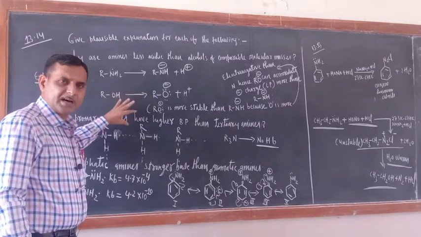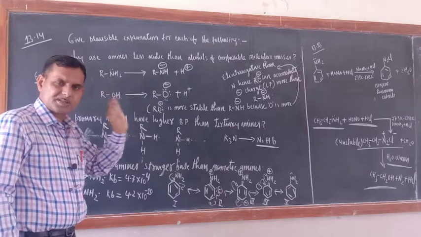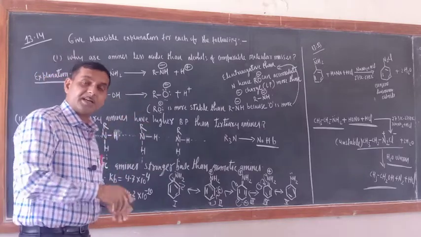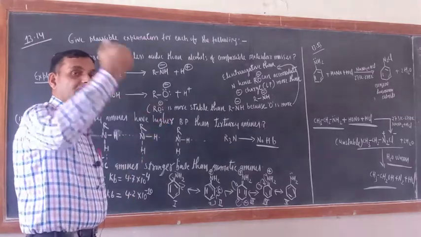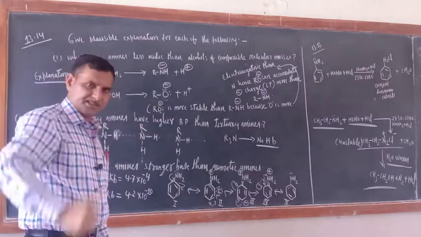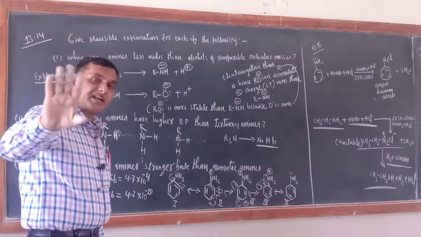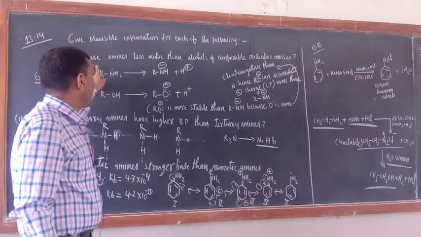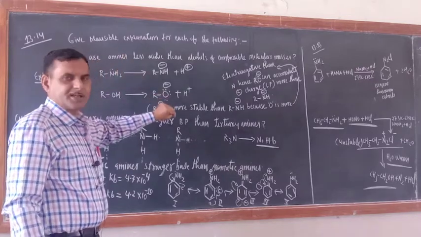So the category of alcohol and amines is almost similar. As far as basic nature is concerned, amines are stronger bases, but alcohol is not that much of a base. So here I am not comparing basic nature. What they are comparing, remember, is why are amines less acidic than alcohol?